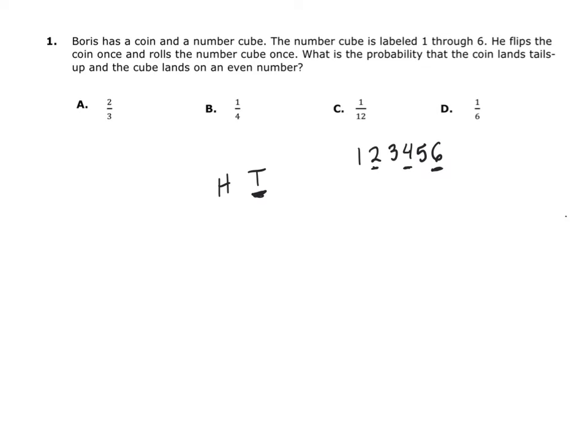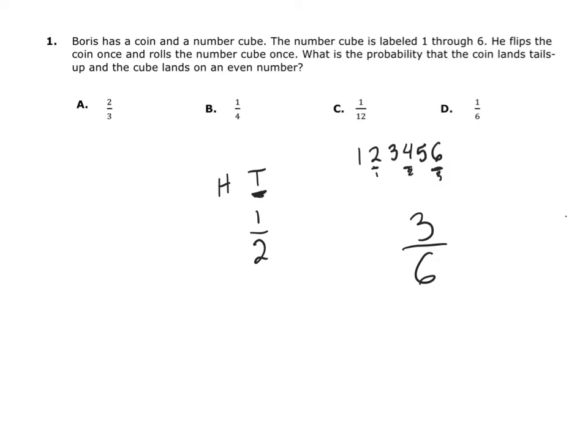So when we find the probability of each one for the coin, it's 1 out of 2 times, because there's only 1 tails out of 2 total outcomes. And for the number cube, there's 1, 2, 3: 3 numbers out of 6 total numbers.